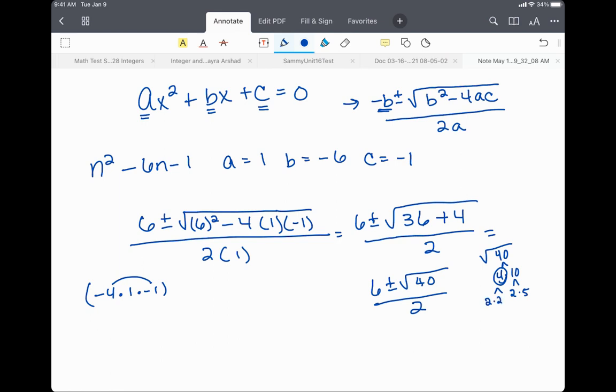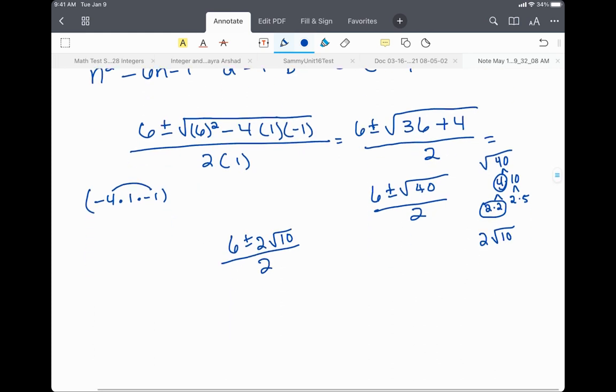So if you've done the square root, you know that perfect squares come out. So you have a pair, it comes out. And those two aren't a pair. So this is going to be 2 square root of 10, which is 40. So you can go over here and say 6 plus or minus 2, the square root of 10 all over 2.